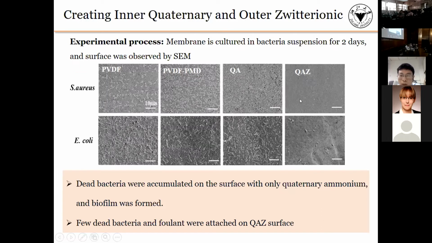But on the surface with the zwitterionic layer, we can find only a few dead bacteria attached on the final membrane. From the result, we can find that the quaternary ammonia inside and the zwitterionic polymer outside layer on the membrane was successfully constructed, and the membrane showed very excellent antibacterial and antifouling property.